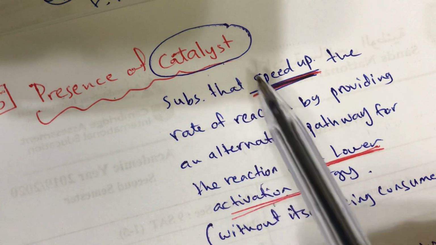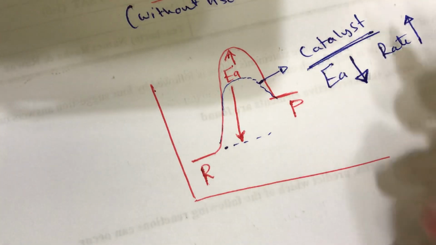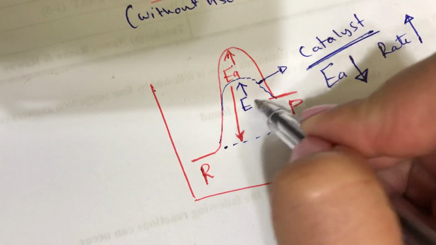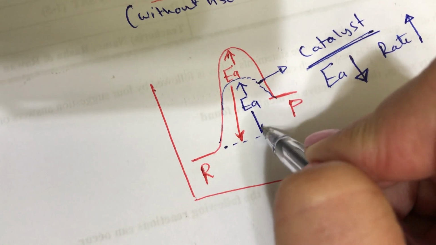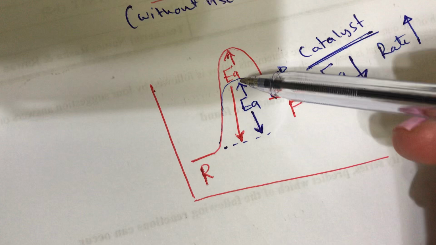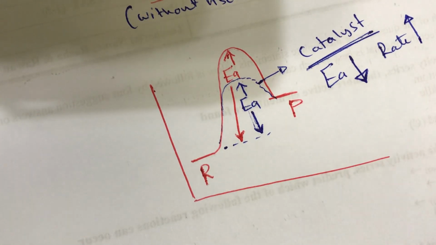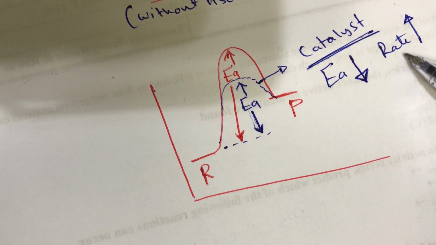So a catalyst decreases the activation energy of a reaction. As the activation energy decreases when we use a catalyst, the rate of reaction increases.